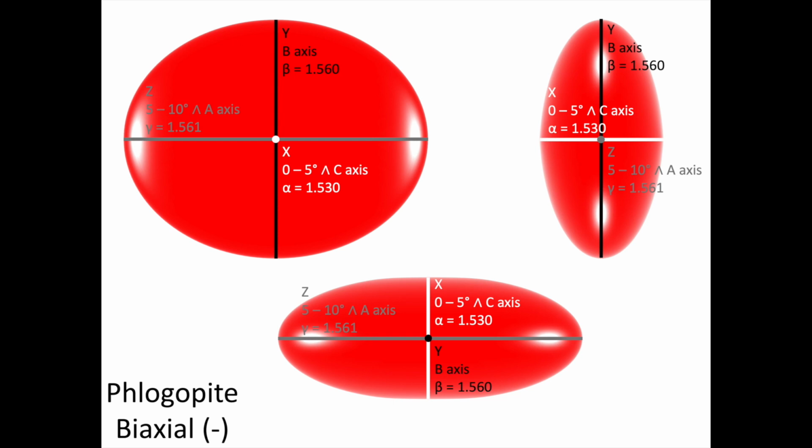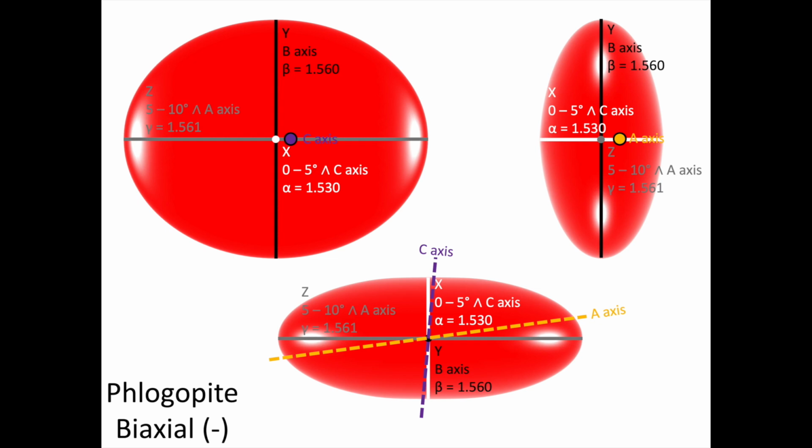Our C crystallographic axis will vary between 0 and 5 degrees from our x direction of our optical indicatrix, and our A crystallographic axis varies between 5 and 10 degrees from the z direction through our optical indicatrix. Remember, the angle between our A and C crystallographic axes is 110 degrees and 12 minutes. Let's add on a representation of how our crystallographic axes and our optical indicatrix line up.